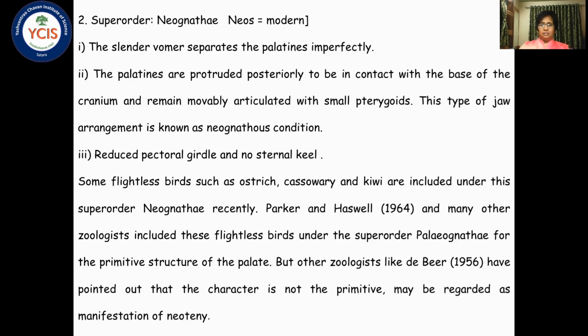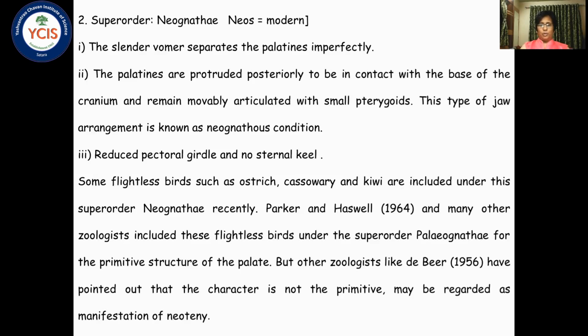And the next character is a reduced pectoral girdle, and no sternal keel is present. In this superorder, most of the flightless birds such as ostrich, kiwi, and cassowary are included.